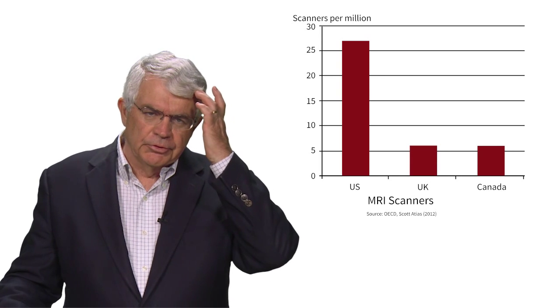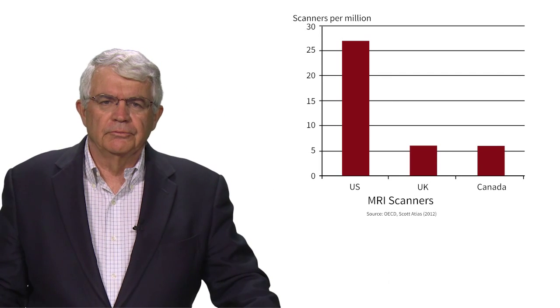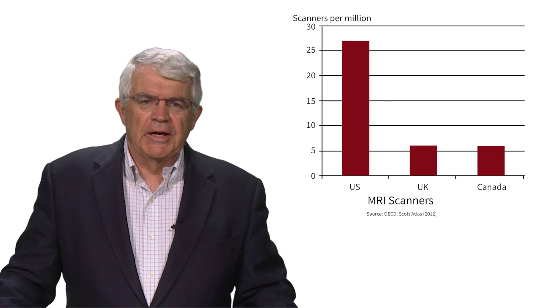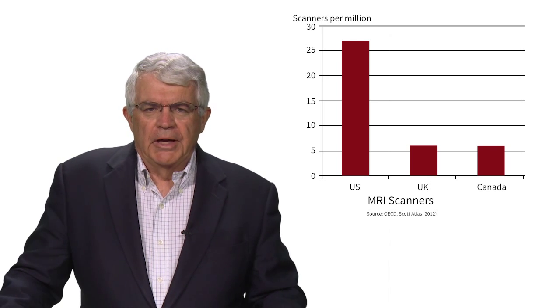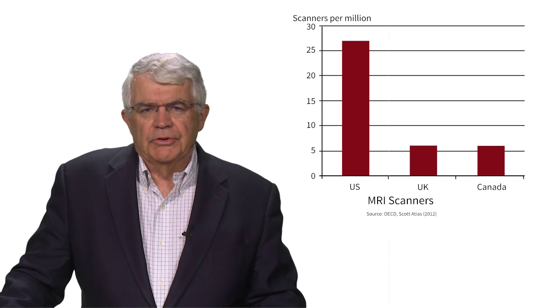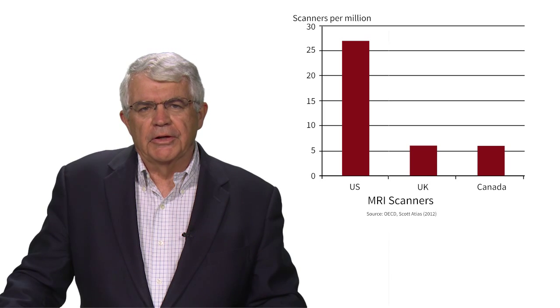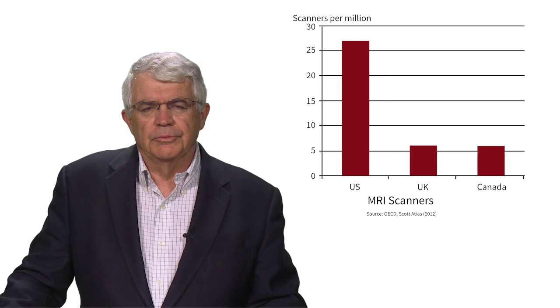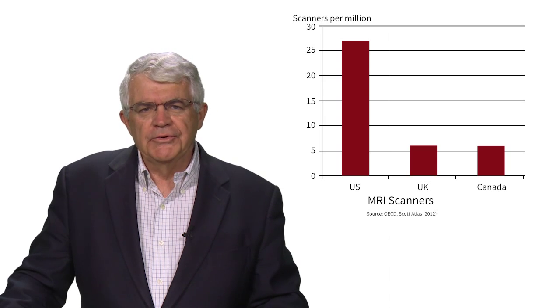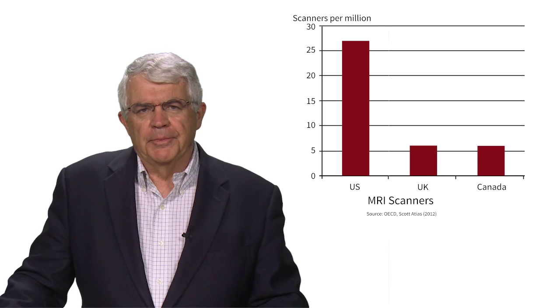As an example, you might want to think about the following data. These are data on magnetic resonance imaging scanners, basically scanners that enable doctors to diagnose various kinds of things going on inside your body. It turns out there's quite a difference in the number of scanners per population, per million if you like, in the US versus the UK and Canada.